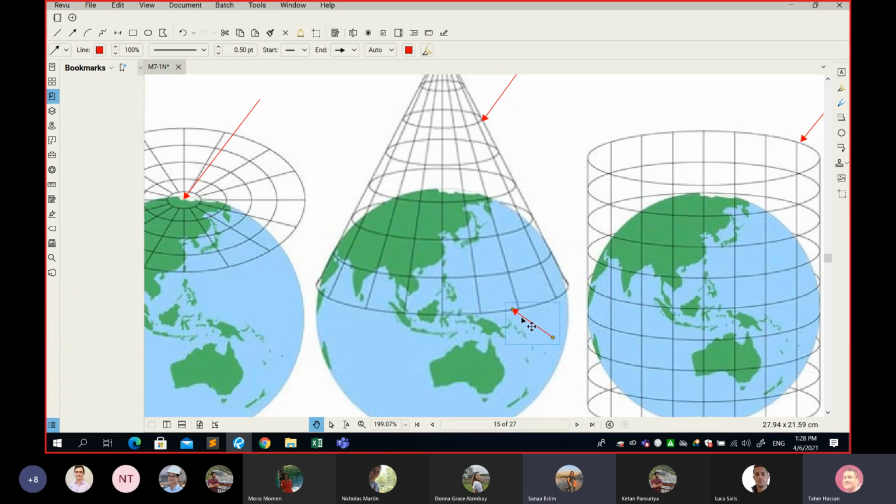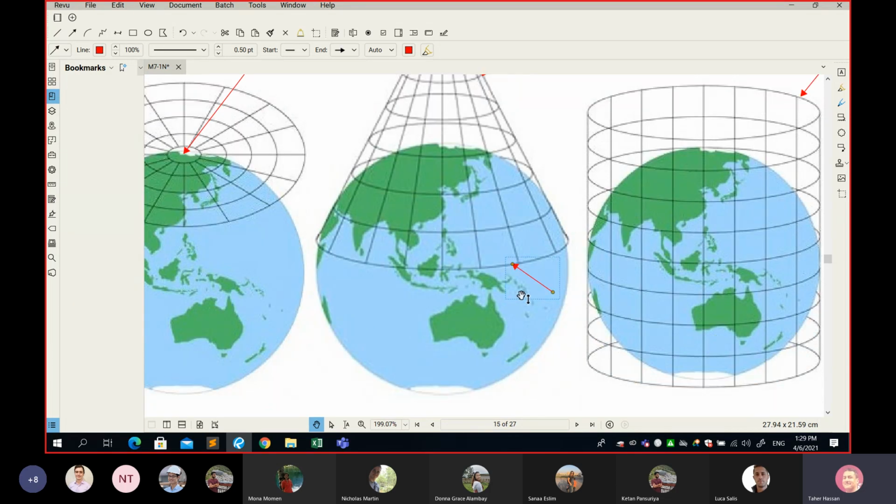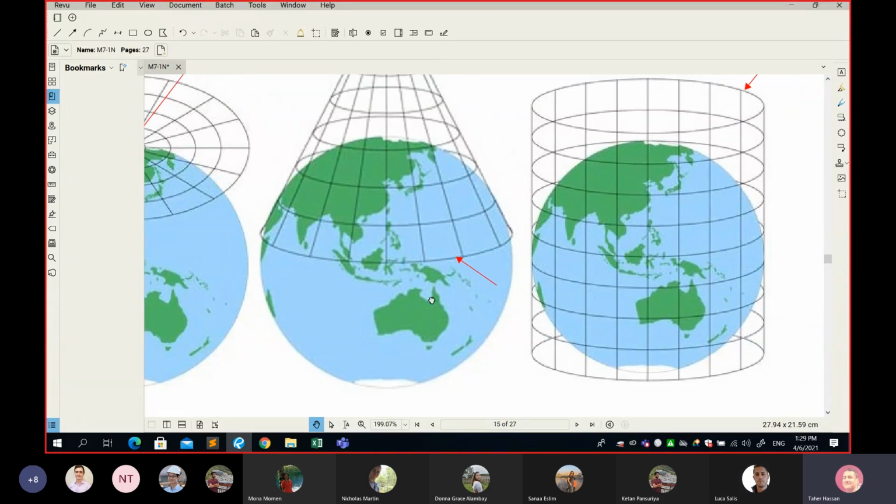Again, this circle is where the cone touches the ellipsoid. It is common between the ellipsoid and the cone. So along this parallel of latitude, do we have any distortion? No. There is no distortion here, and k is equal to 1.